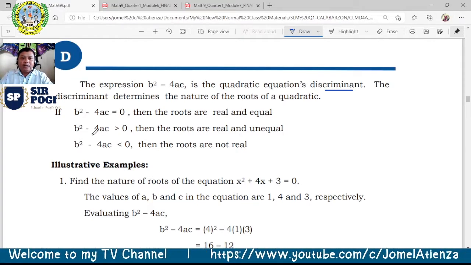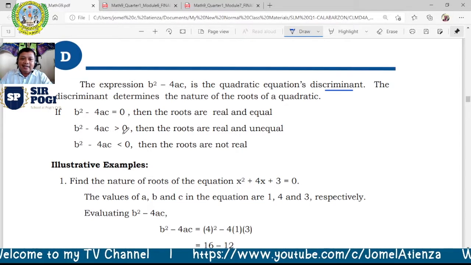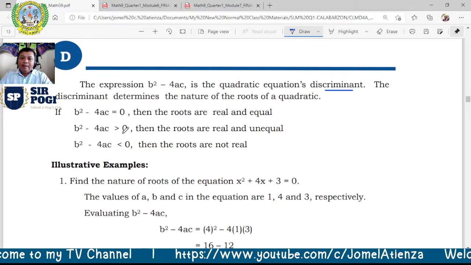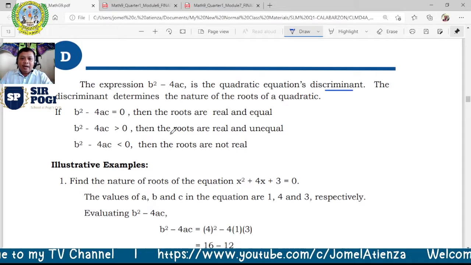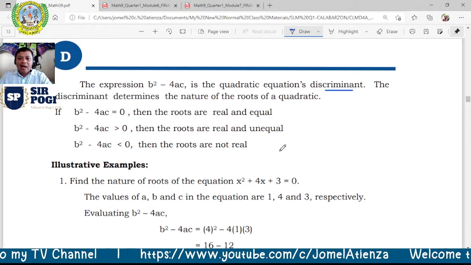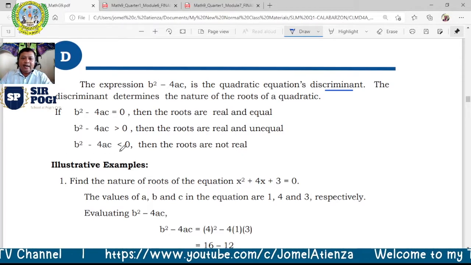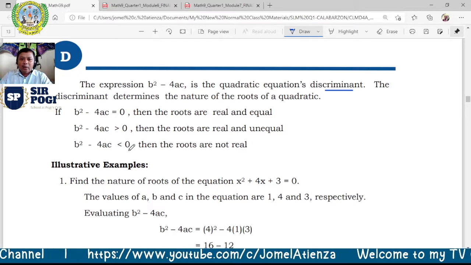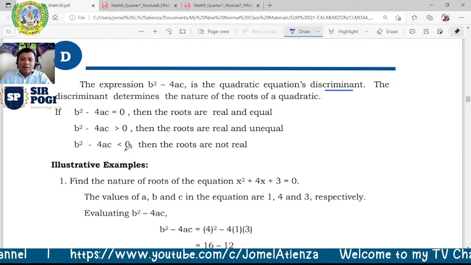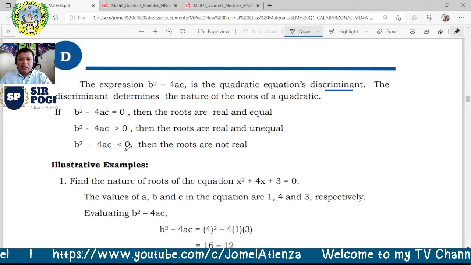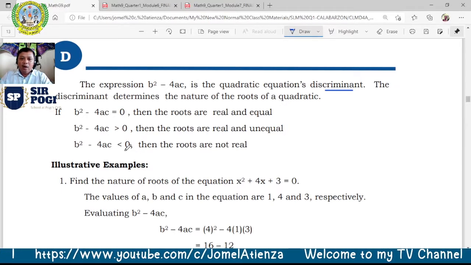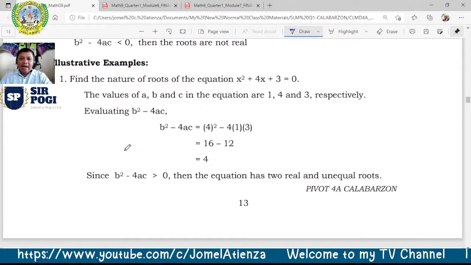If b squared minus 4ac is greater than 0, ibig sabihin positive number, then the roots are real and unequal. If b squared minus 4ac is less than 0, or yung mga negative numbers natin, integers, then the roots are not equal. So here is the example.